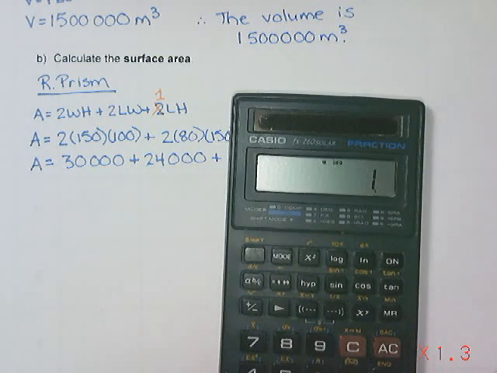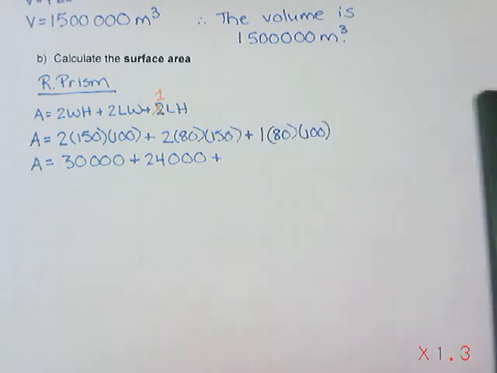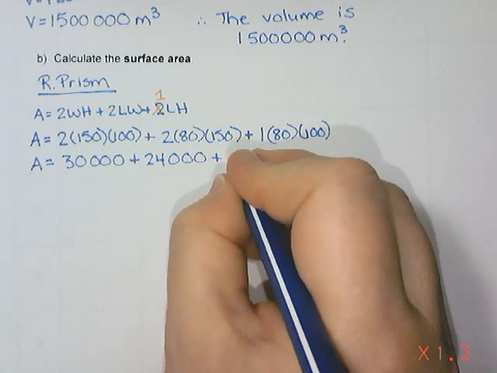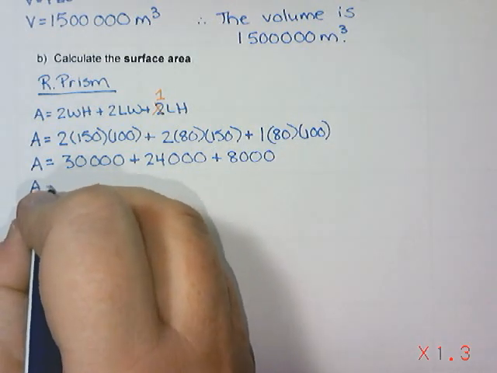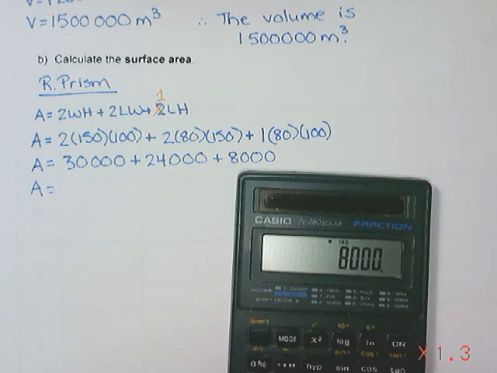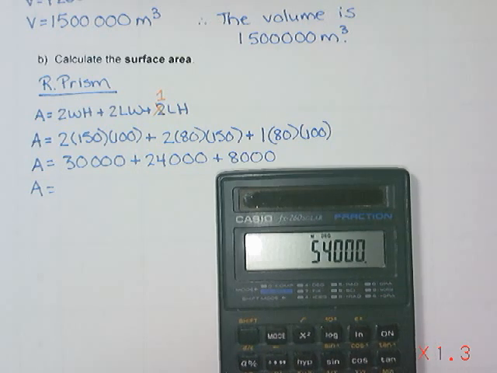And then I have 1 times 80 times 100, which is 8,000. All right, so if I add those numbers together, I get 54,000.